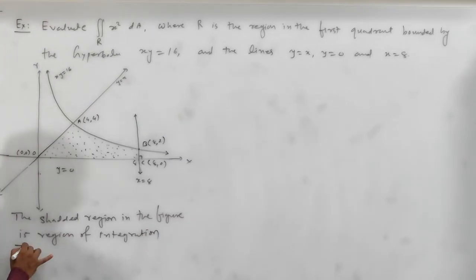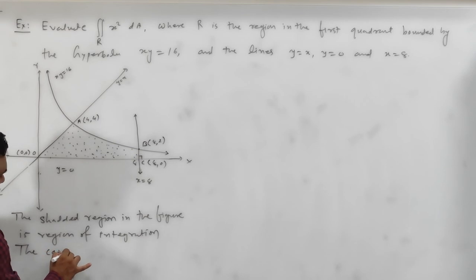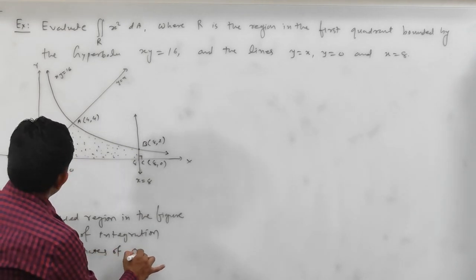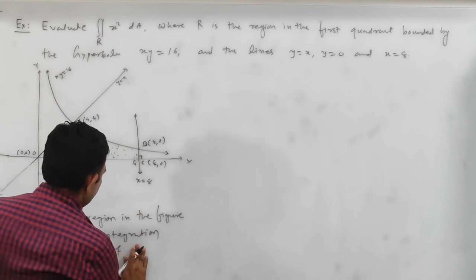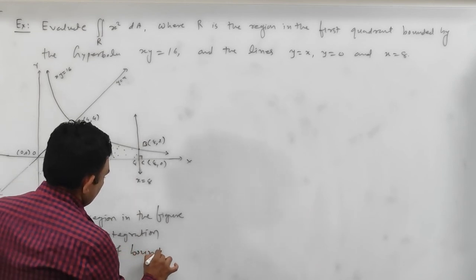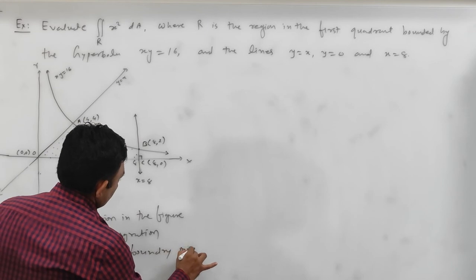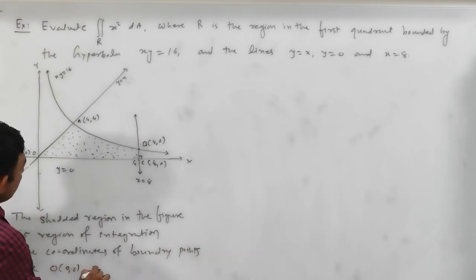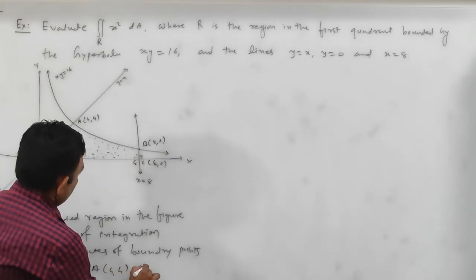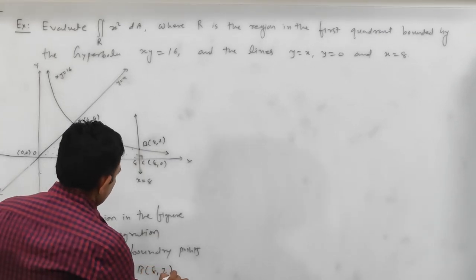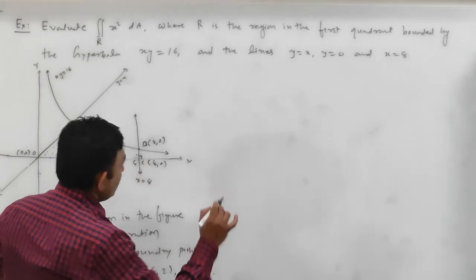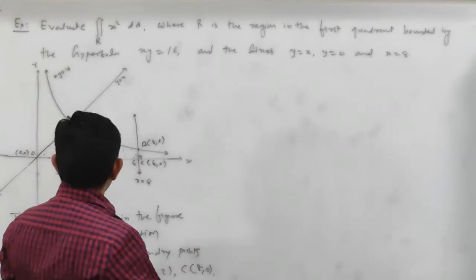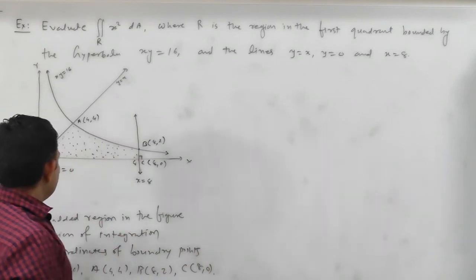The coordinates of the boundary points are O 0 comma 0, A 4 comma 4, B 8 comma 2 and C 8 comma 0. Now you consider the limits.